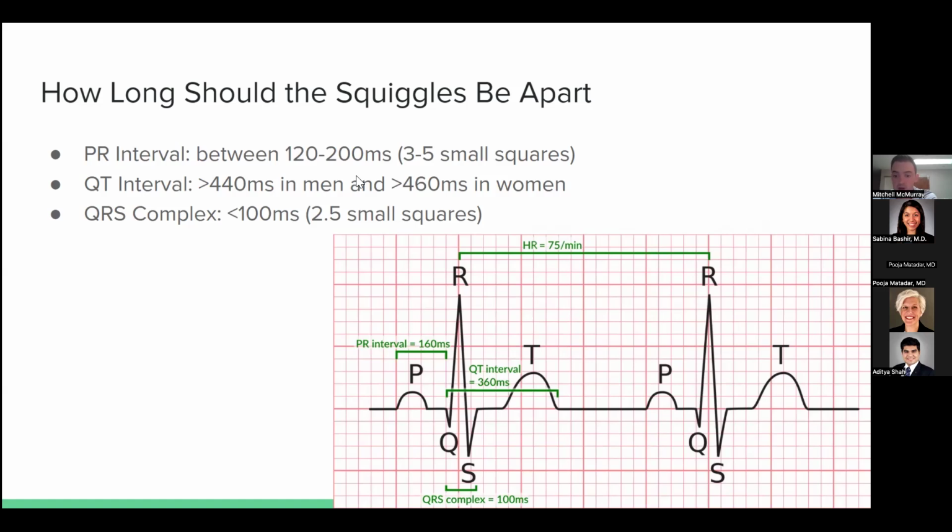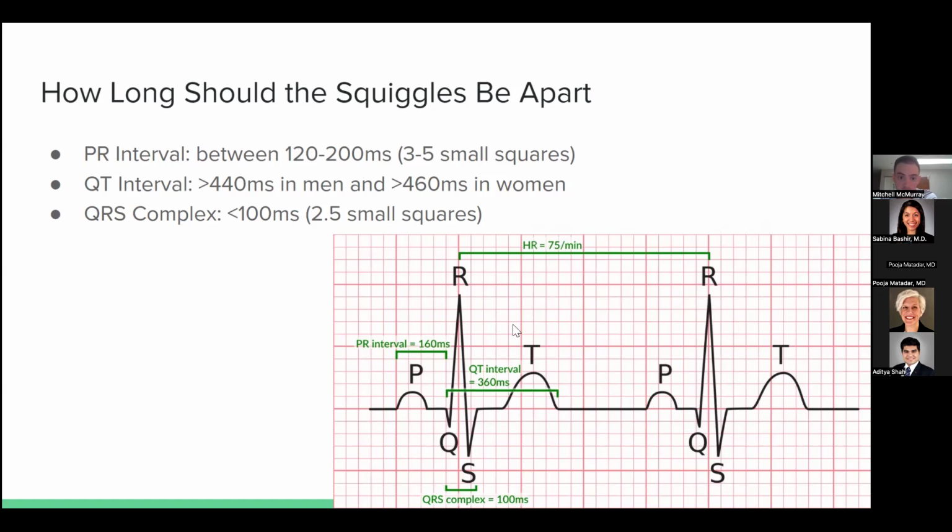If it's longer than that, some of you may remember, that is when we get first degree AV block, second degree AV block, Wenckebach block. When it gets shorter than that, that is concerning for things like WPW, which have a short PR interval and then a delta wave.